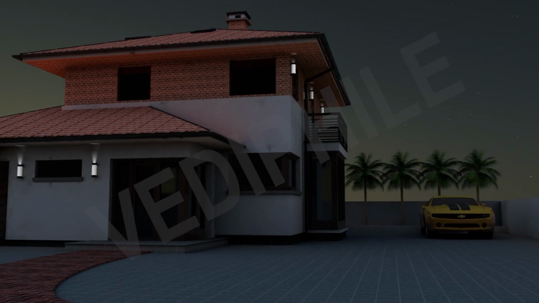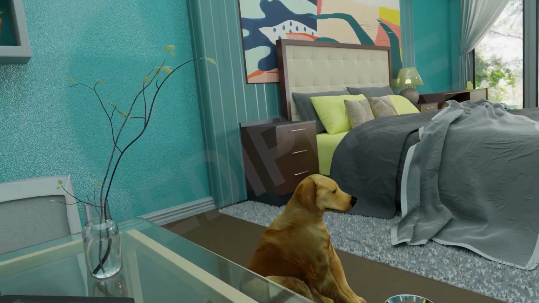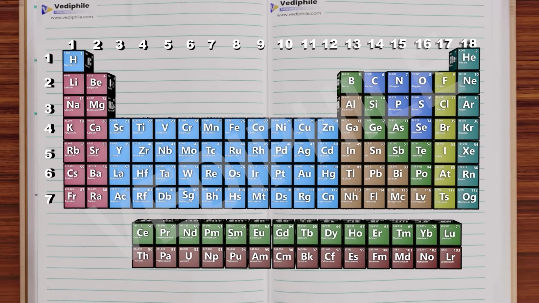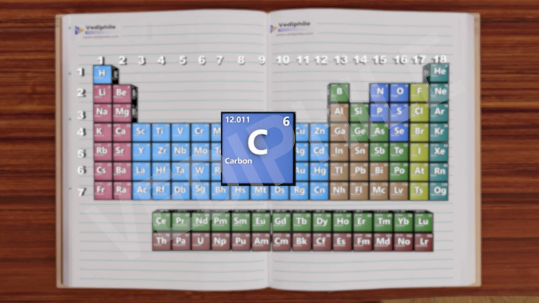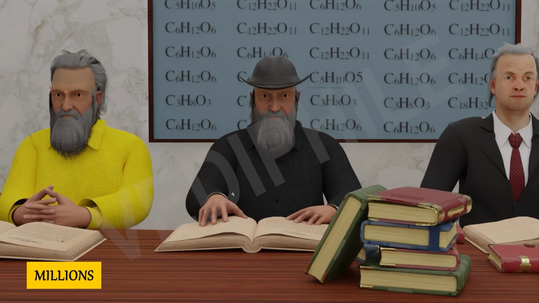And we have seen that many things which we use in daily life are made up of carbon compounds. The number of carbon compounds whose formula are known to chemists was recently estimated to be in millions. This outnumbers by a large margin the compounds formed by all the other elements put together.